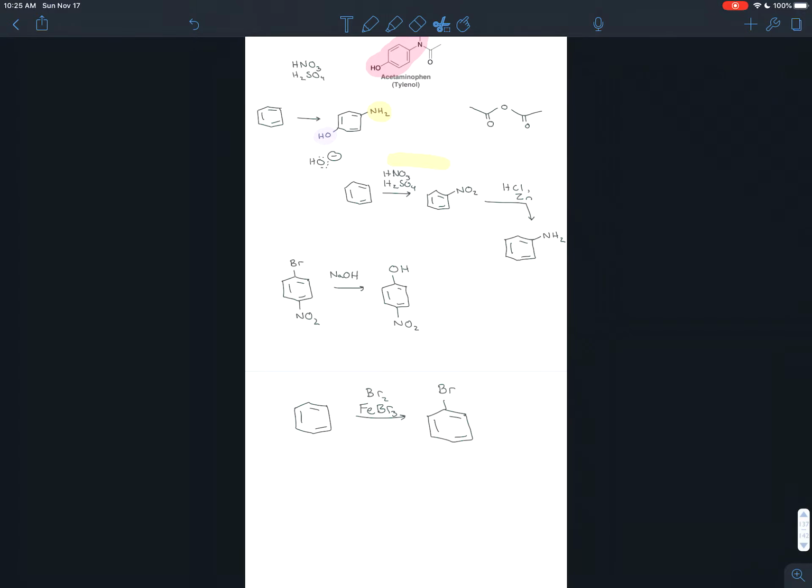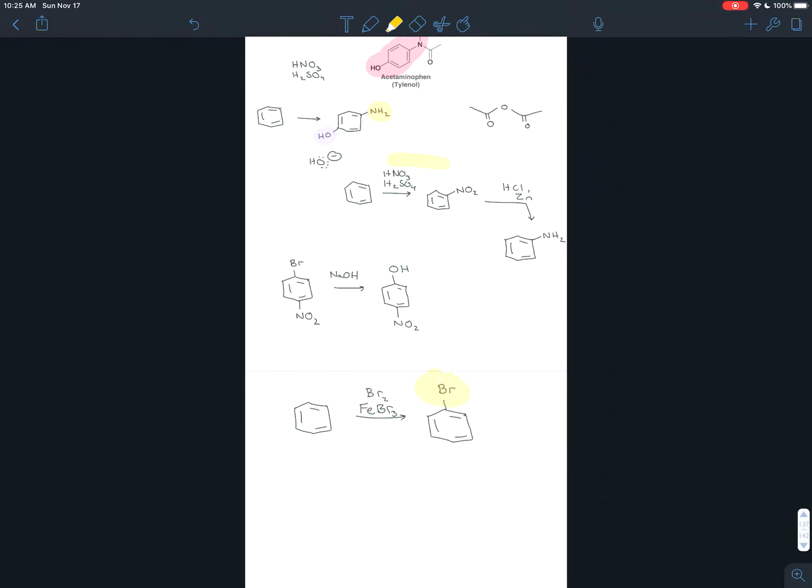Okay, first, if we're trying to make this, you'll notice that they are para. But the NO2, the nitro group, is a strong deactivator and a meta director. So you can't put that on first, because then the bromine would add on the meta positions. But here, it's on the para position.